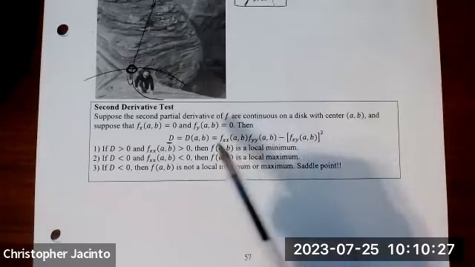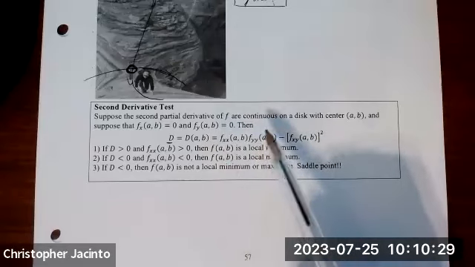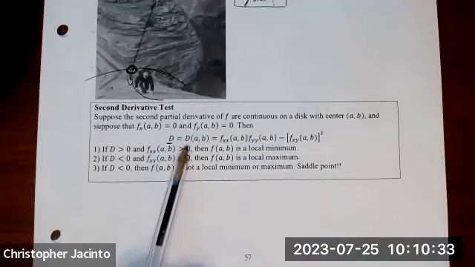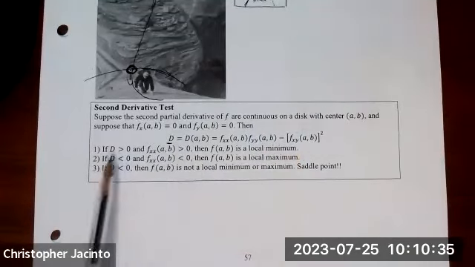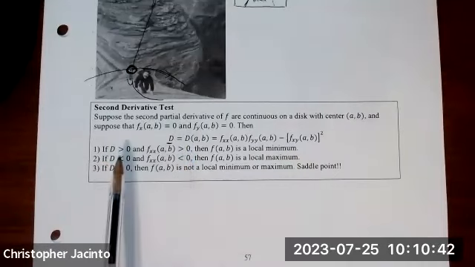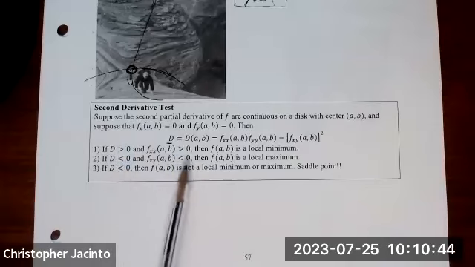Okay. Now, this is the nice thing about the second derivative test, all it cares about is this part. Because if this number at the point (a, b) is greater than 0, then we may have a local minimum. If this part is less than 0, we may have a local maximum.